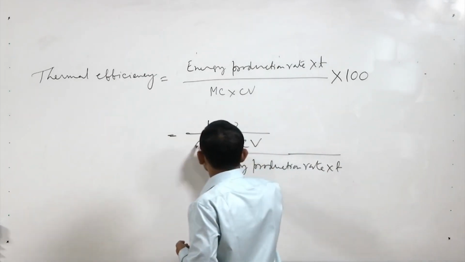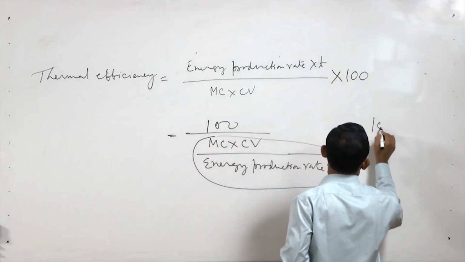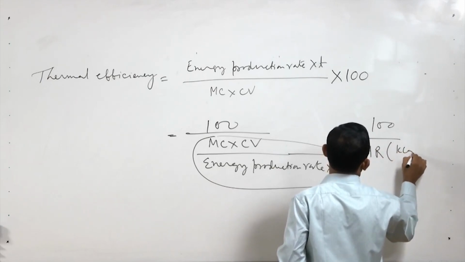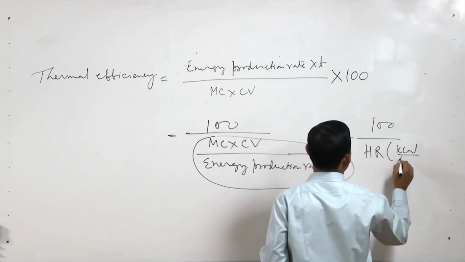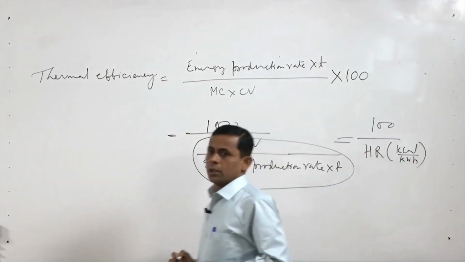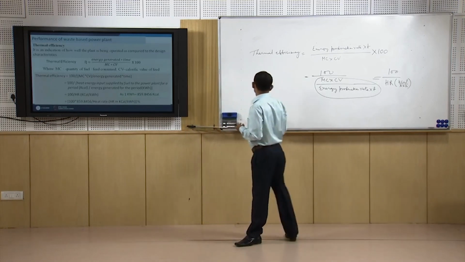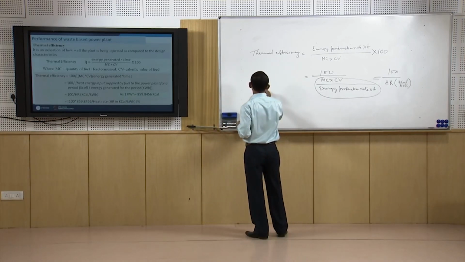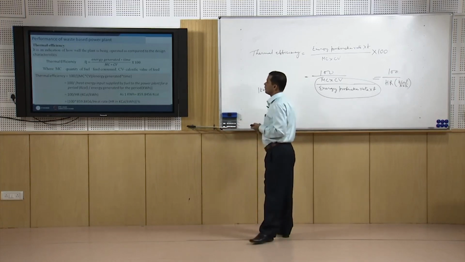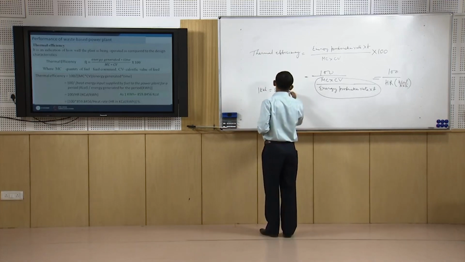This is nothing but HR in kilocalorie per kilowatt hour. Now, we know that 1 kilowatt hour is equal to 859.8456 kilocalorie.